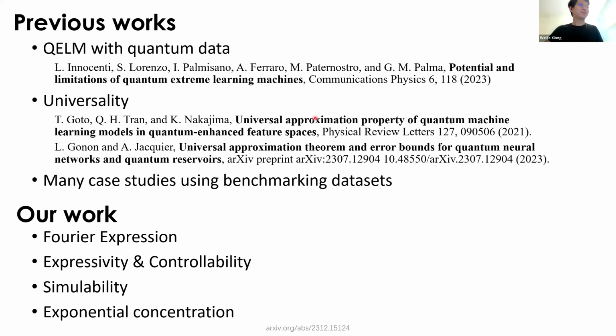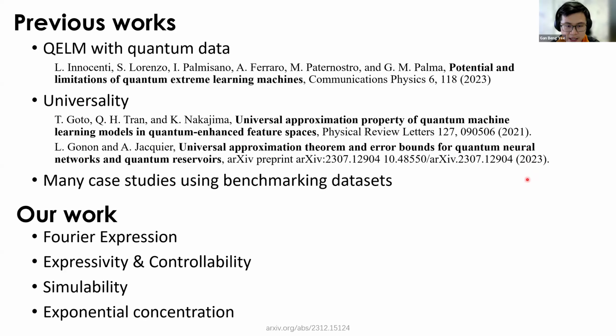So basically, these 2 papers didn't exactly consider this extreme learning machine, but we think that our framework, the QELM, can be considered as a type of these frameworks. Does this answer your question?